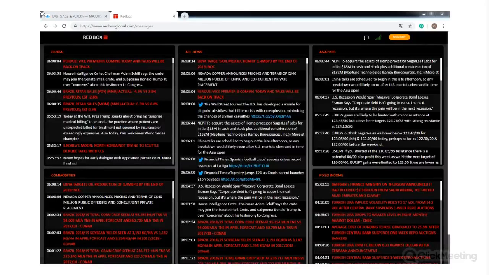Basically, what we're going to do is go through today's data dump. There hasn't been any actually today, but we have to have a look at what the US dollar is doing right now.